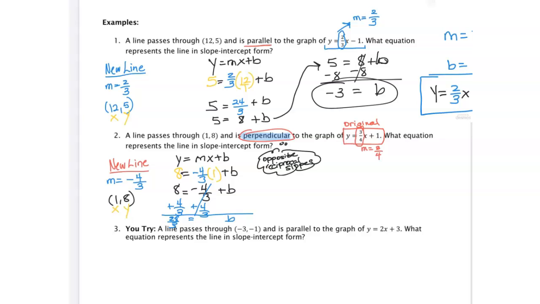So at this point we have the m, our slope of our new line, which is -4/3, and we have the y-intercept of our new line, which is 28/3. So we write our equation: y equals -4/3x plus 28/3. And this is our answer.